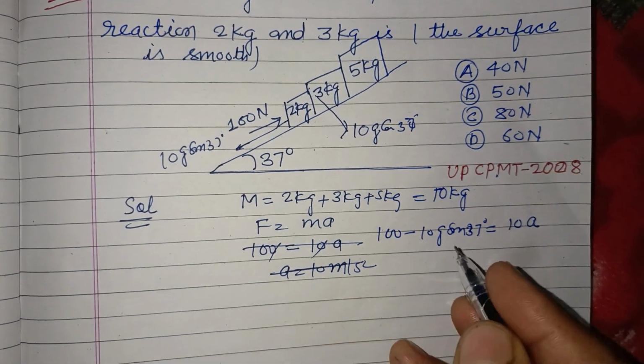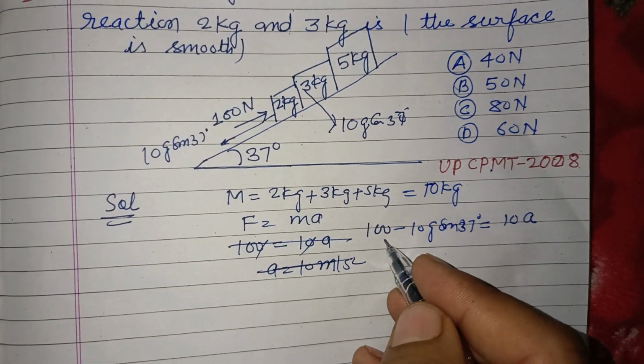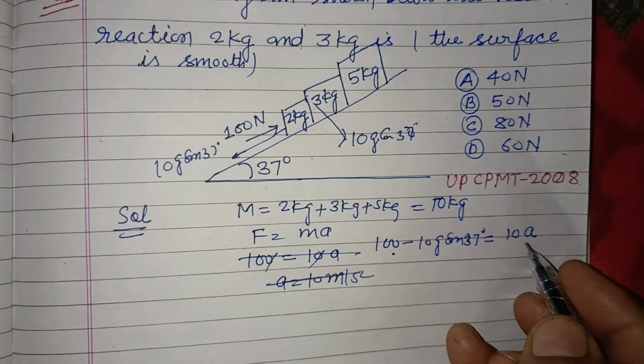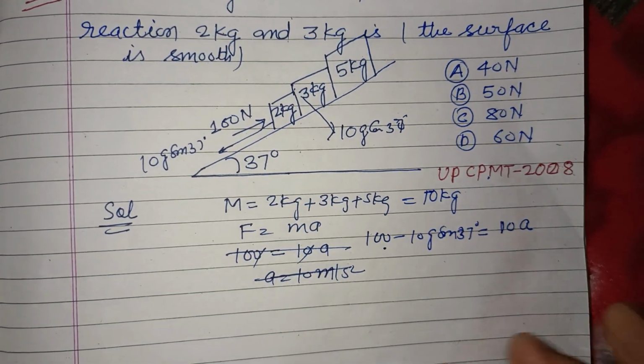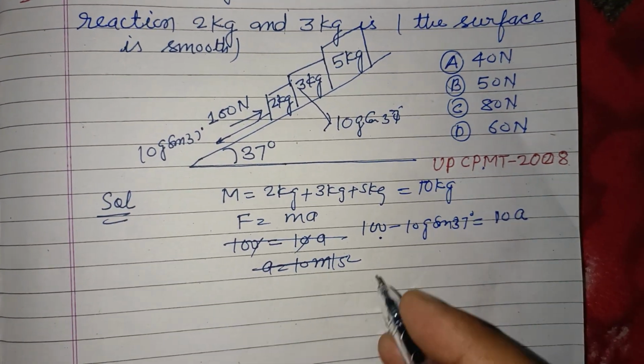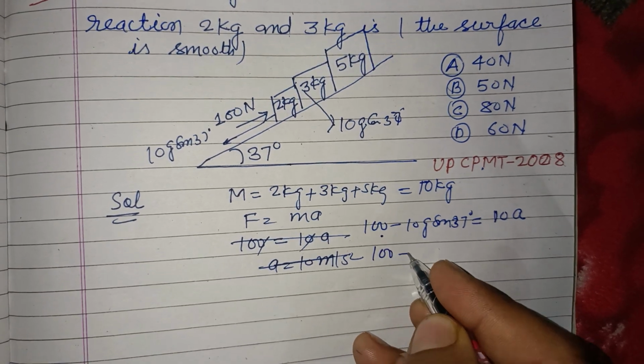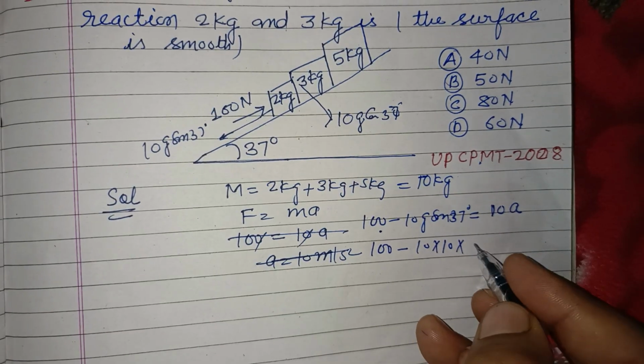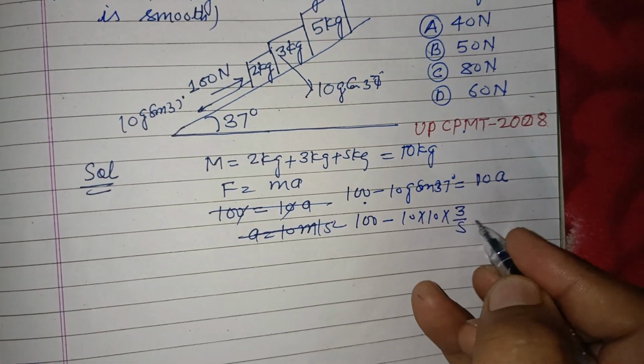So we get a by using this concept, that upward force minus downward force equals resultant, that is acceleration into mass. So this is 100 minus 10 g. g is also 10, and sin 37 is 3 by 5.